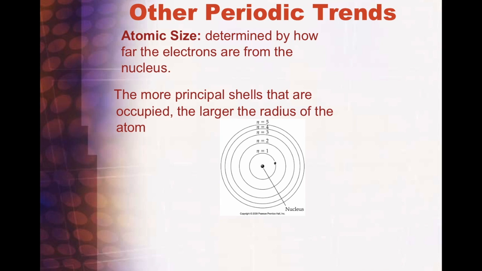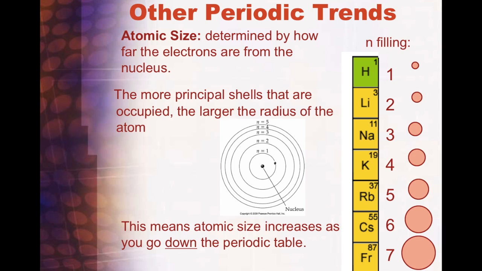So n equals 1 is the smallest shell, and this only shows up to n equals 5, but n equals 7, which is not shown, is the largest shell. So if the larger shells are occupied, the atom is going to be larger.